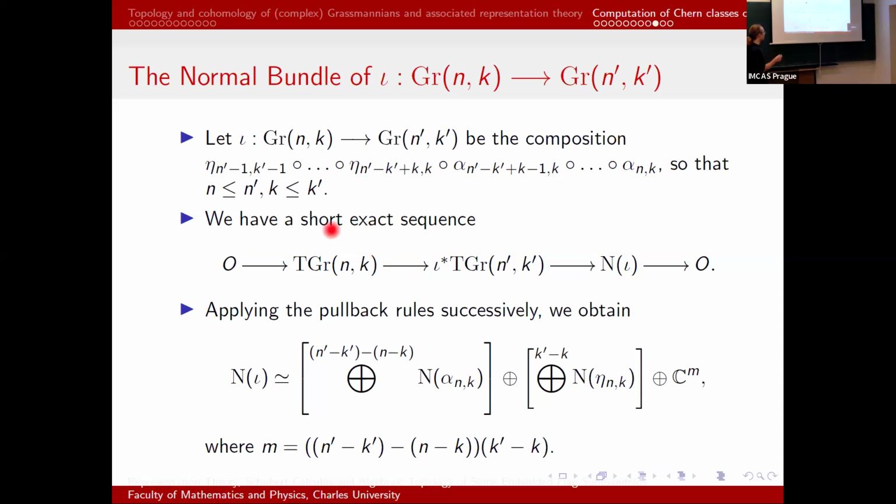So we have again this short exact sequence of vector bundles over the Grassmannian Gr n, k, and we have the normal bundle of iota.